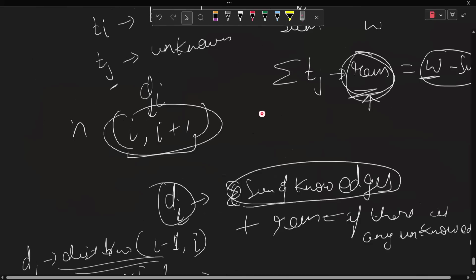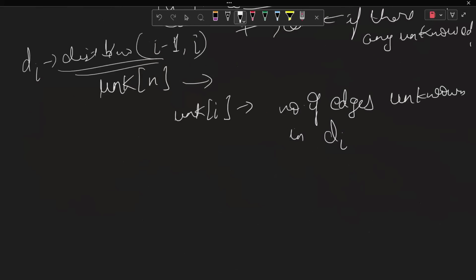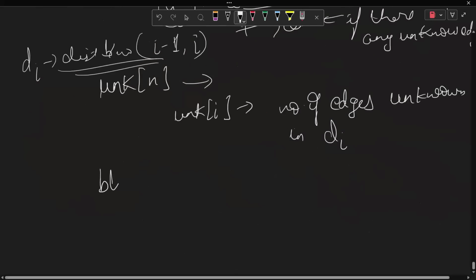So I'm taking another vector. This belongs-to of i is a vector. It would have two values.